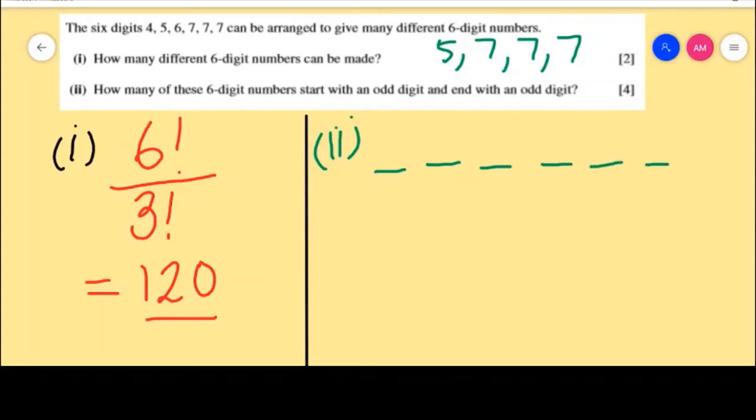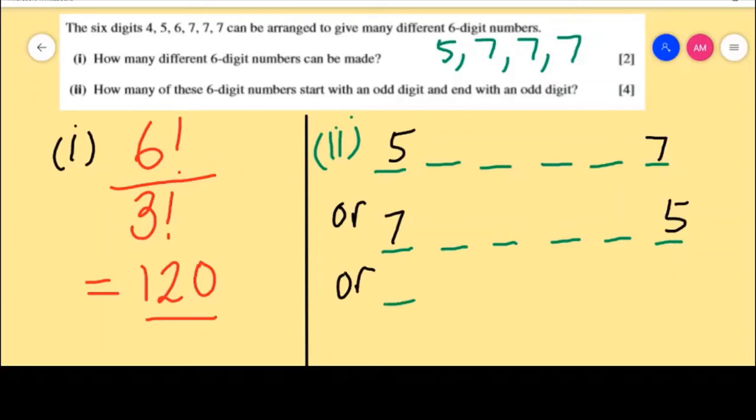So I can either have 5 here and 7, or again 1, 2, 3, 4, 5, 6. I can have 7 and 5 here, or I can have 1, 2, 3, 4, 5, 6. Remember, I've got 3 7s, so I can go 7 and 7.